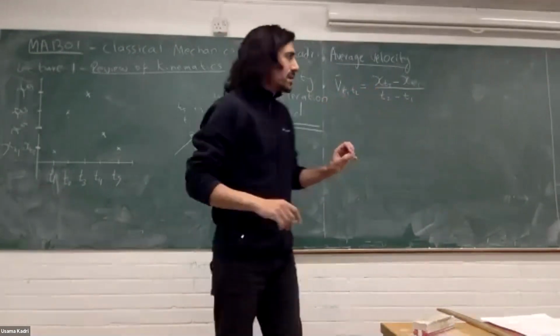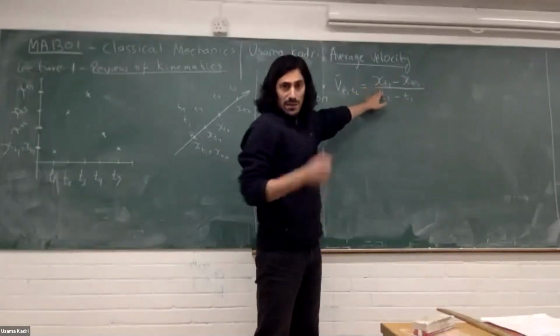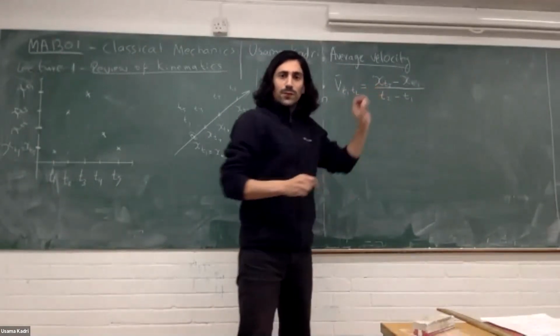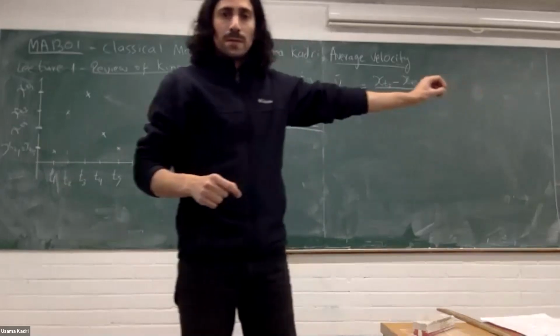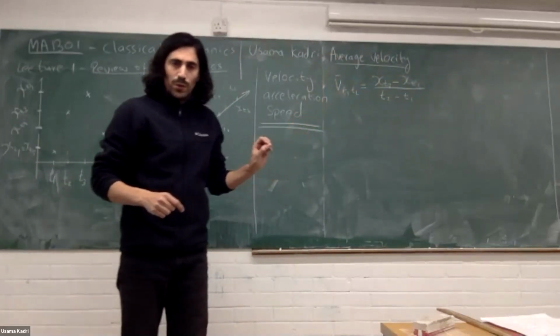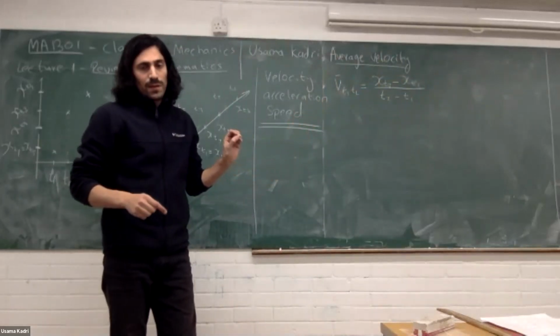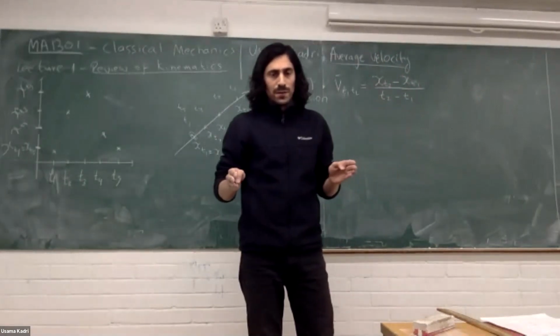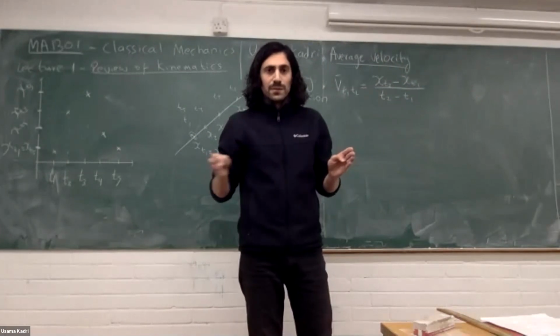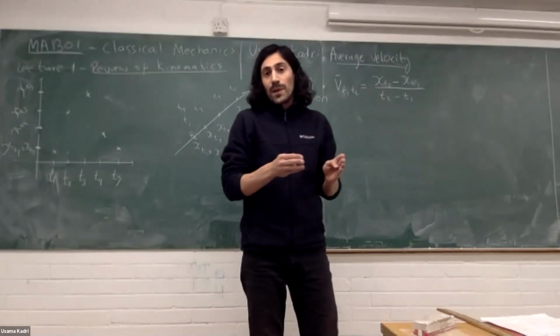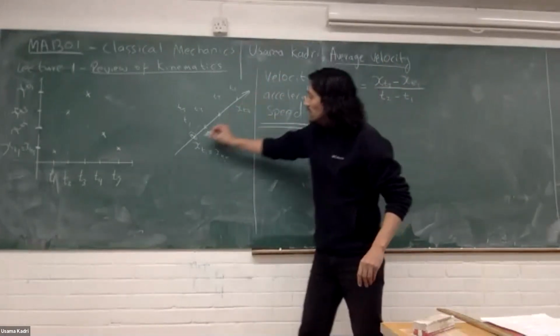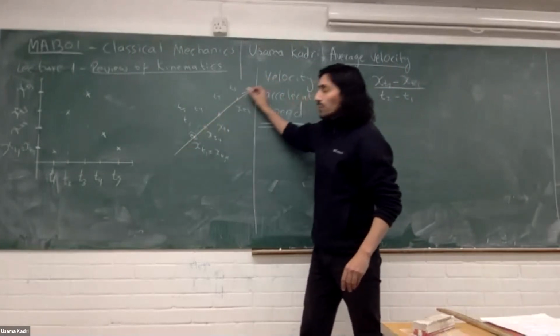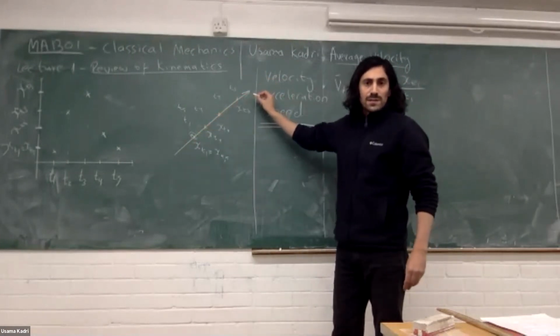We look at the coordinate at the location at the final point minus the location at the initial point. That's different than the distance. Why? The distance is always positive. But the location, one minus the other, it depends on how we actually define the increasing value of our axis.